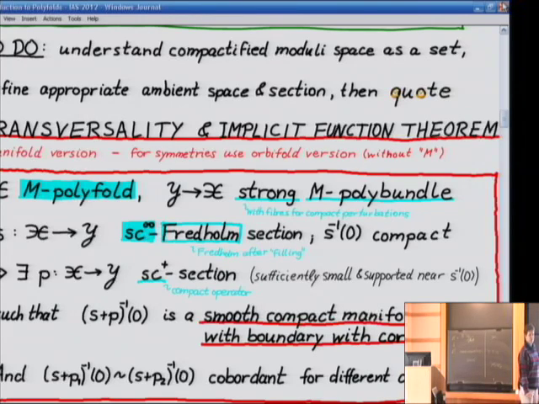So instead of a manifold, I now need an M-polyfold. And you should think of something bigger than a quotient space of maps. And then there's some bundle over it, wherever the d bar operator goes to. That's your bundle. It needs to be strong, which somehow means that the fibers have some designated subspaces that will make compact perturbations of your operator for you.